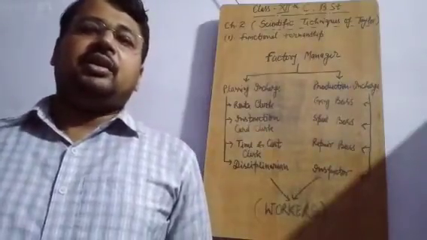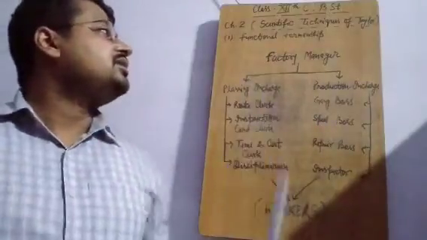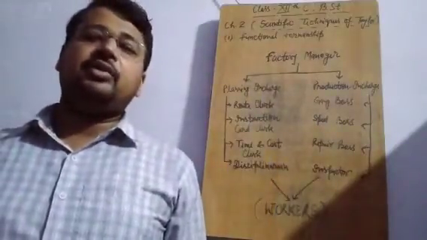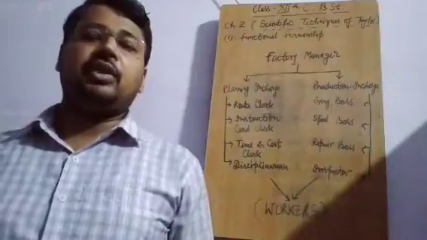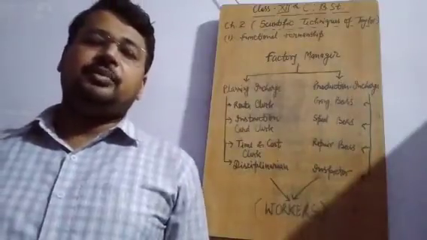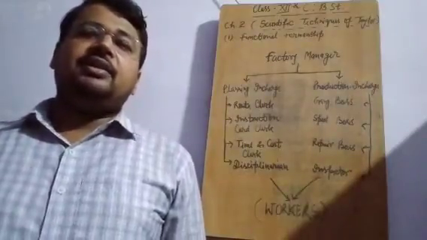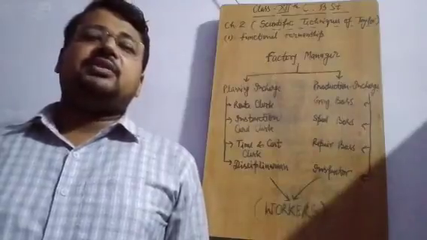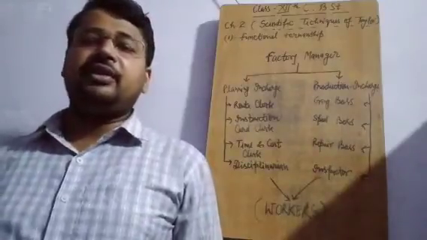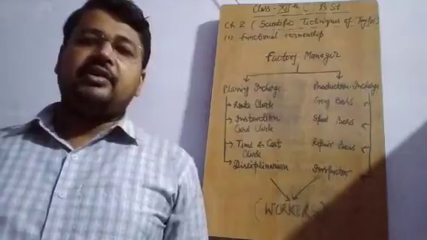Before this scientific technique of Taylor, we studied about Henry H. Fayol, if you are able to recall your May classes. And he provided the 14 principles that are very helpful even in current scenario.